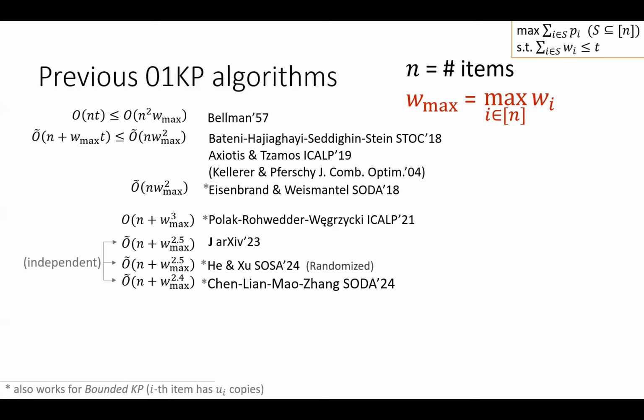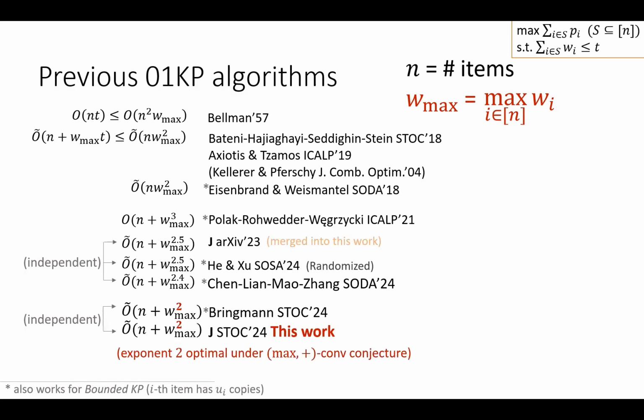And very recently, there are 3 independent works that all improve on this time bound, and they all came out last summer. 2 of these papers achieved running time n plus Wmax to the 2.5, and the other one achieved Wmax to the 2.4 by Chen, Lian, Mao, and Zhang. And the main result in this work is to finally improve the exponent to 2, which matches the conditional lower bound based on the max plus convolution conjecture.